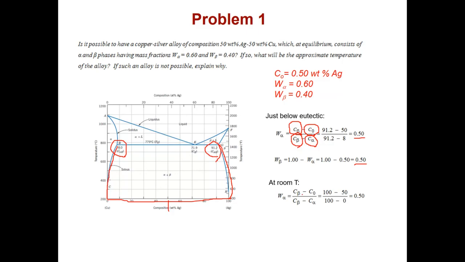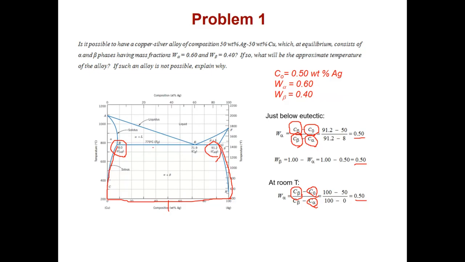So if we substitute the values of 100 for beta, again 50 for the overall composition, and for alpha this time it is down to 0, then we get 50% of alpha again at this temperature of 200, or even at room temperature. So 50% of alpha, and of course what is left is the remaining 50%, which is beta.